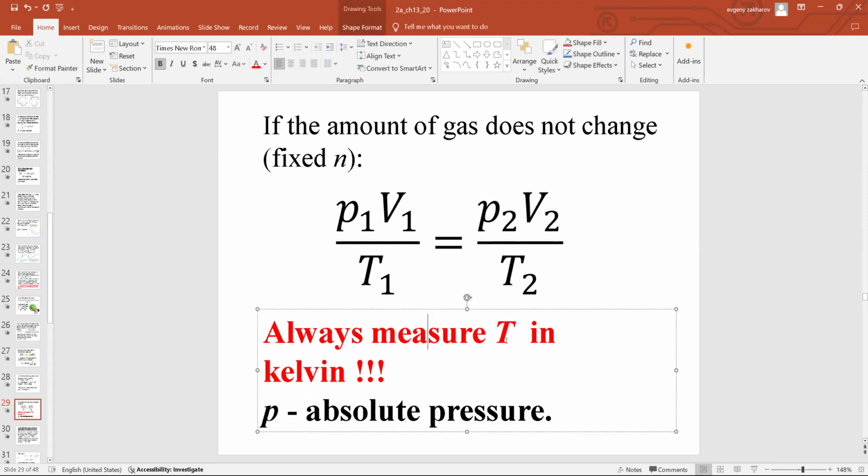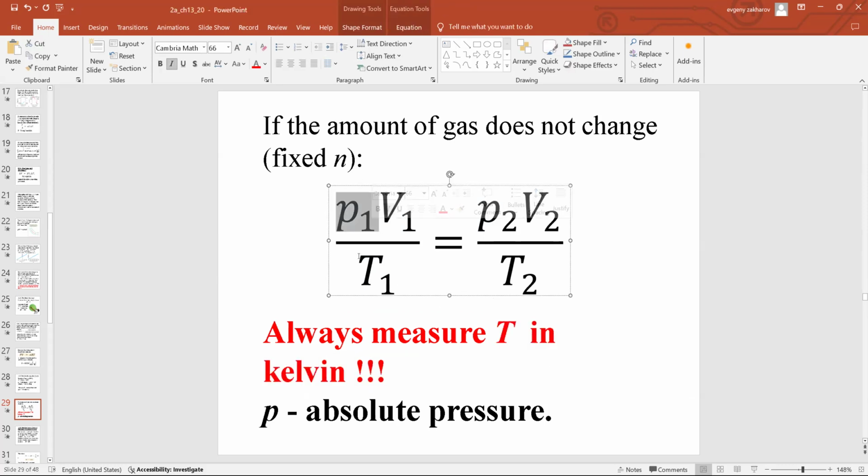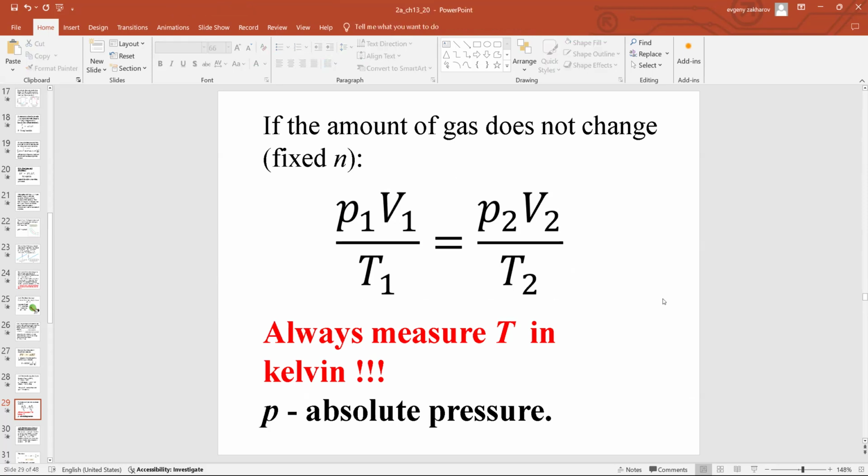Just remember that temperature is in Kelvin, pressure is in pascals, and volume is in meters cubed. Remember, system international units. And for pressure, consider absolute pressure, not the gauge pressure, not the hydrostatic pressure. You need the absolute pressure, which is the sum total of atmospheric and the hydrostatic, the rho GH.